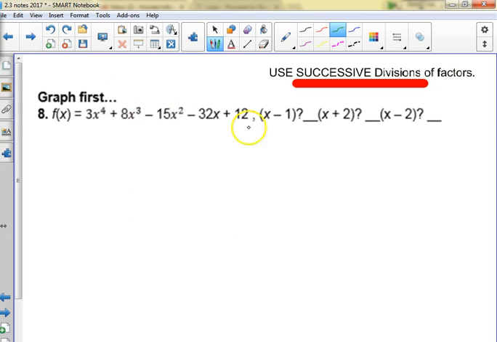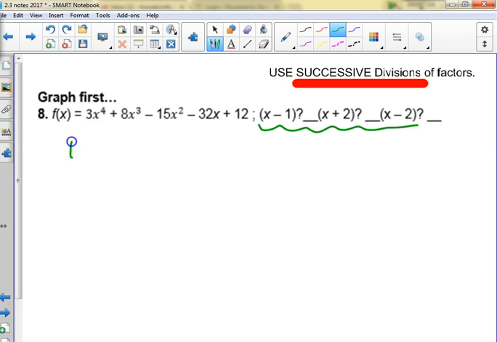All right, so we're going to try these. If it doesn't work, then we're going to have to go back, but it does say to graph it first to see which ones are going to work, so we want to try them first. I don't even want to mess with it. Can we just try them and see what happens? Okay, these are all linear terms, so we can use synthetic division.